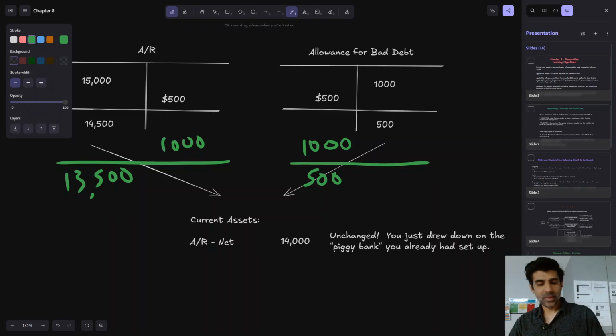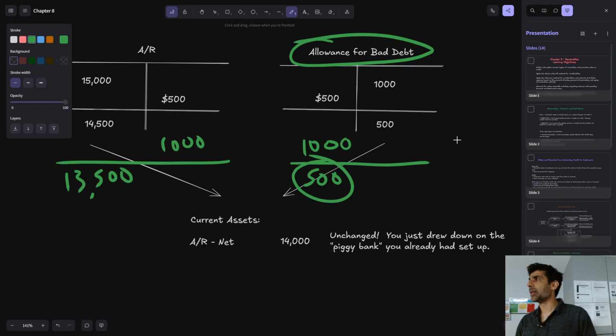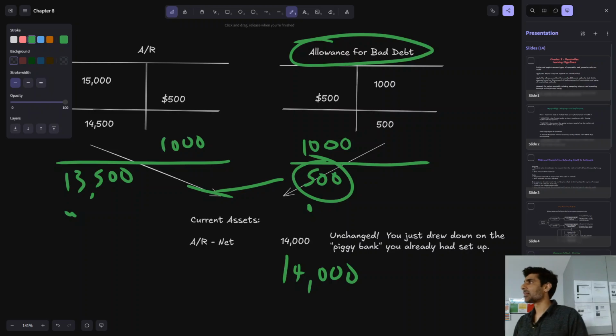So this is wrong. We can't ever have this allowance for bad debt contra account go into debit, because we've actually overspent our piggy bank. So we'll have to do something to fix that.